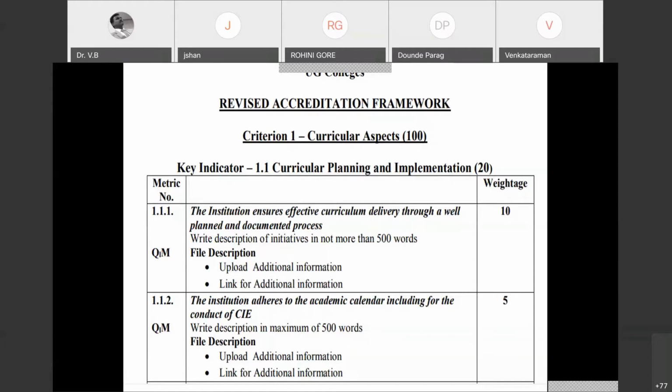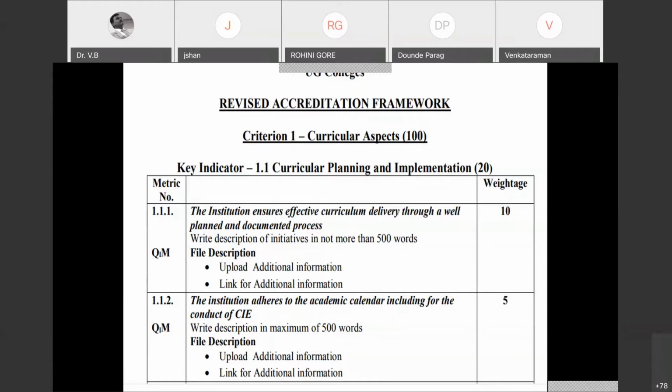A descriptive answer means you are going to describe how effectively you are delivering the curriculum by means of the traditional chalk and talk method, webinars, the industrial visits that you may take the students on, the project works, the seminars that you arrange, the conferences that you arrange.